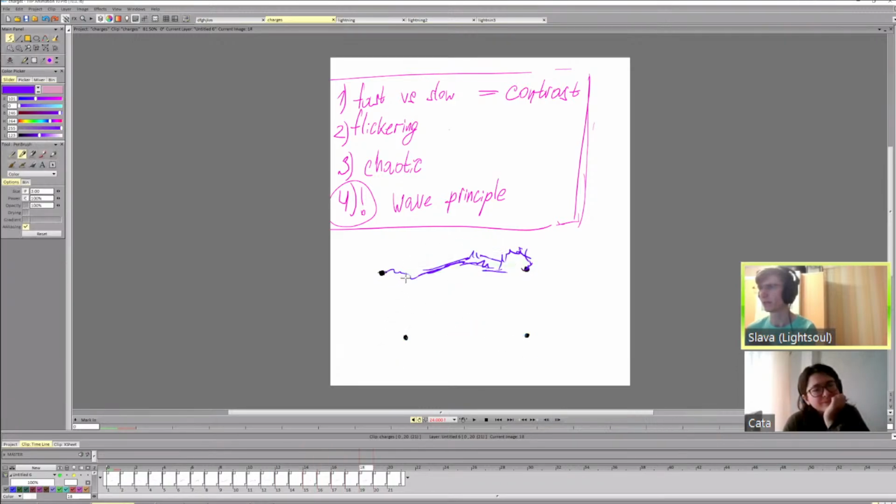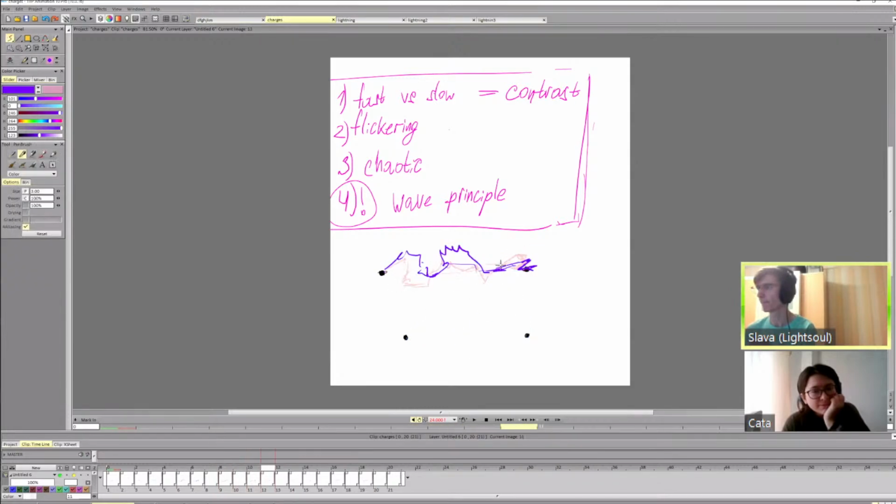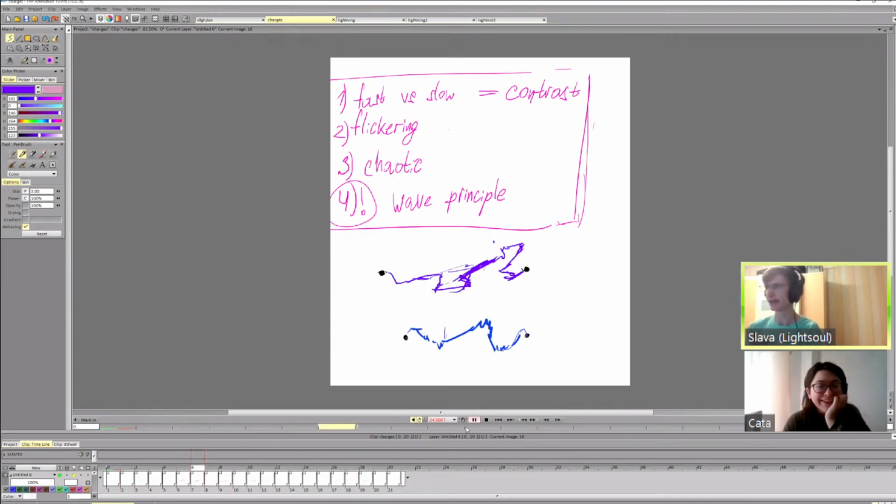Then we can make it a bit more dramatic at the bottom, where we get this charge. So now we have something a tiny bit more balanced.